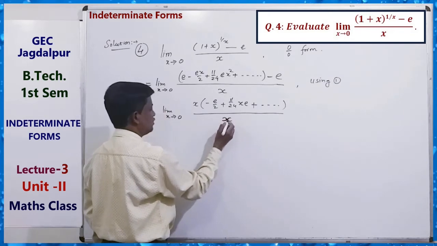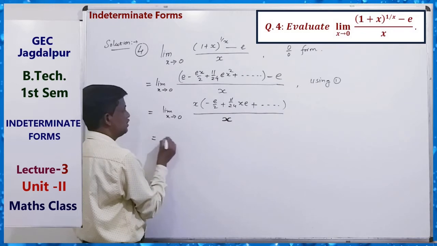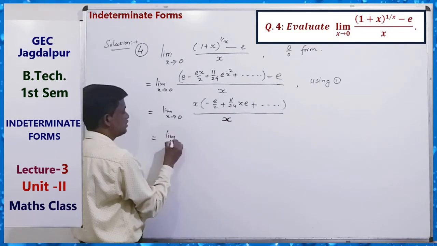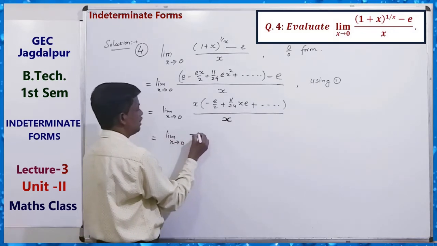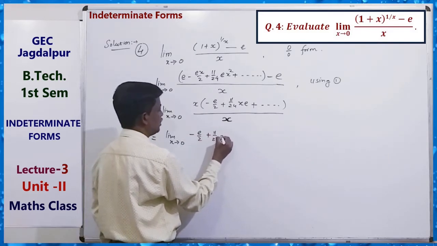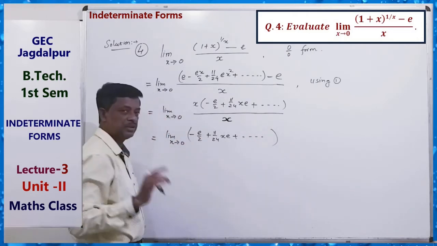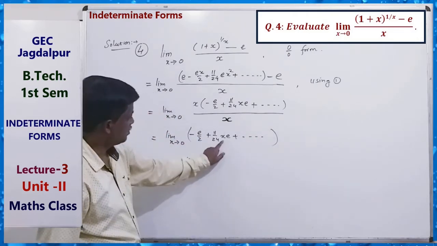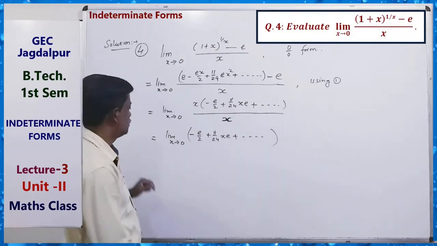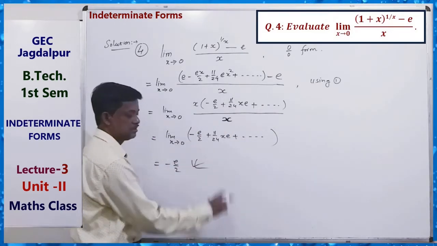So this x will be cancelled. So here limit x tending to 0 of minus e by 2 plus 11 by 24 x e plus and so on. After putting x tending to 0, the remaining terms are 0, and so on. So this is equal to minus e by 2. So this is our answer.